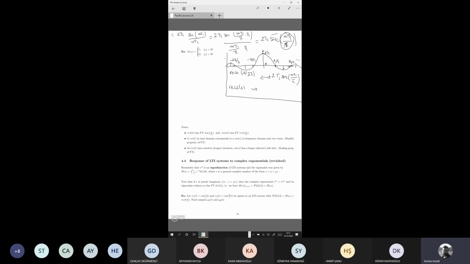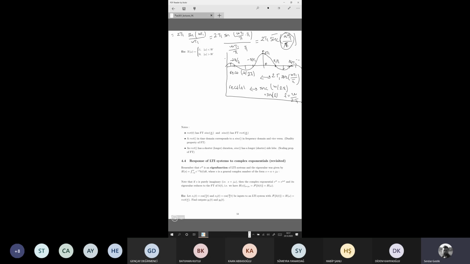Then rect t has Fourier transform sinc omega over 2 pi, or in other words, sinc f, where of course f is equal to omega over 2 pi.